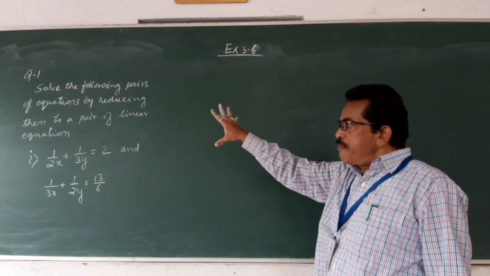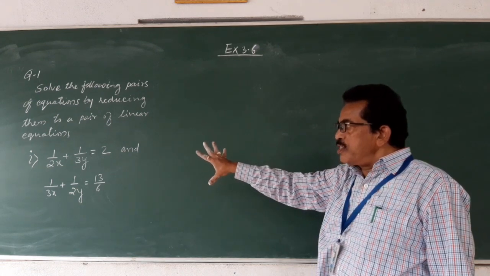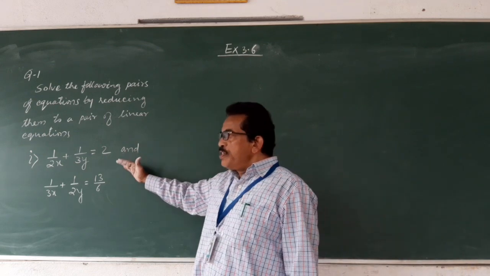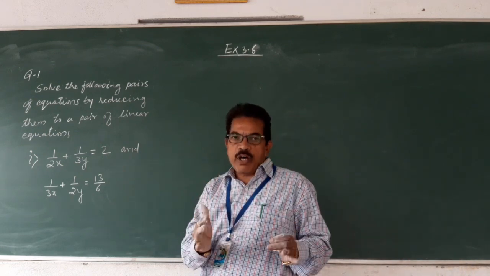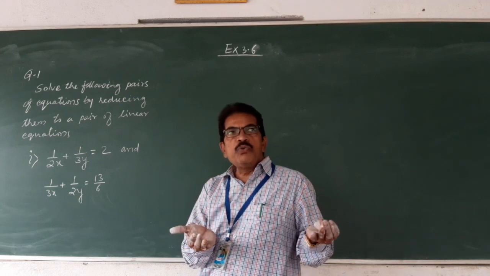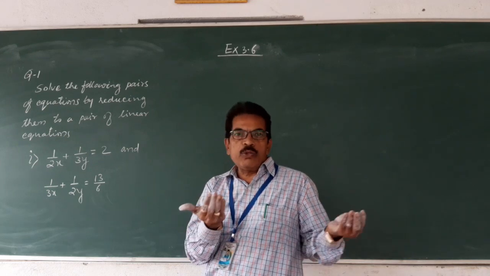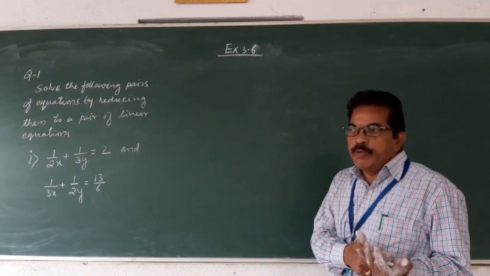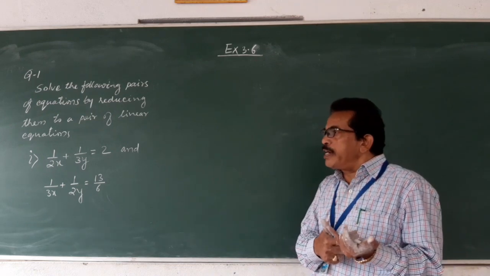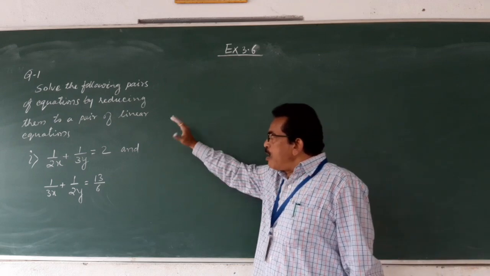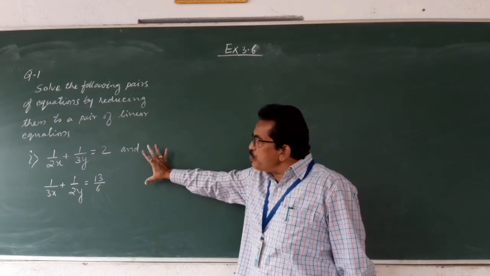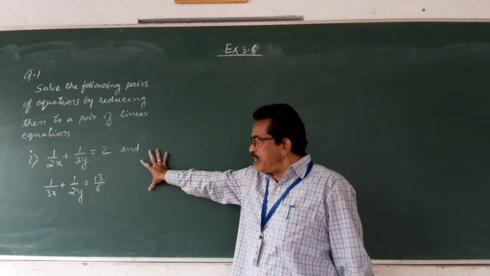The pattern of questions is in a fully different way. We have to reduce these equations into simplest form, then use any one of the three methods: cross multiplication, elimination or substitution. The main topic of this exercise is reducing the given equations into simplest form.